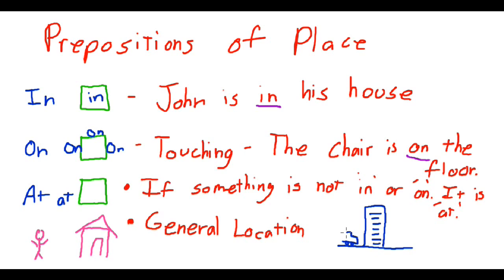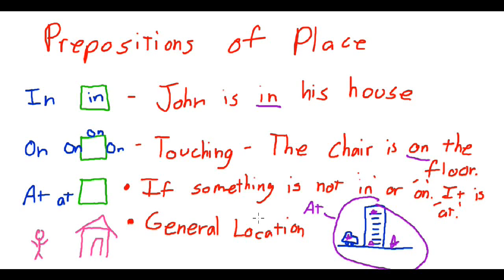And someone calls you and they say, okay, where are you? And you could say, I am at the building. Okay, maybe you could be here in the top floor. You could be downstairs in the lobby. Maybe you could be in the car outside, or even standing just next to it. But for all this area here, we would say at. So that's what it means at in general location.